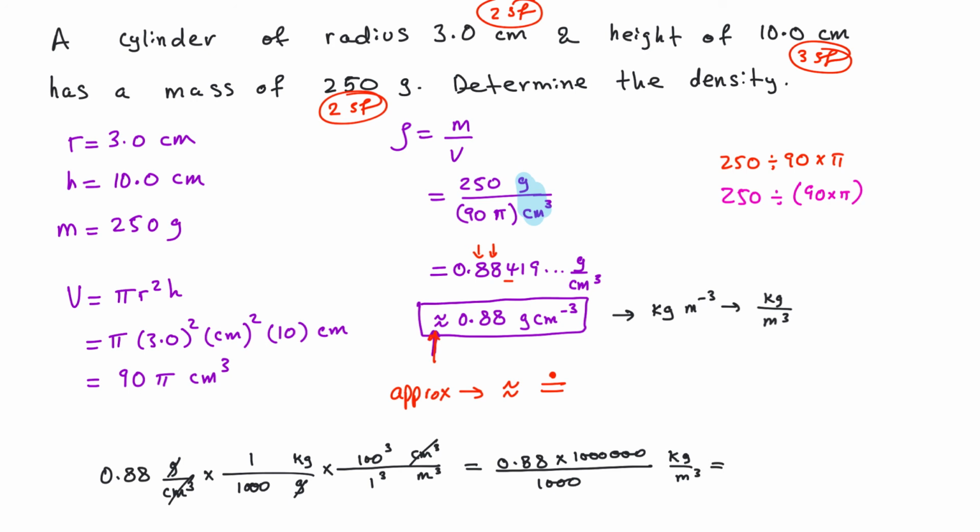Now I'm going to simplify this. You can do this on your calculator, but I'm going to divide these and move the decimal to the right by 3, and I'm going to get 880 kilograms per meters cubed. So if you want, you can definitely try that and make sure you can do the conversions pretty comfortably, and that's what I want you folks to do.